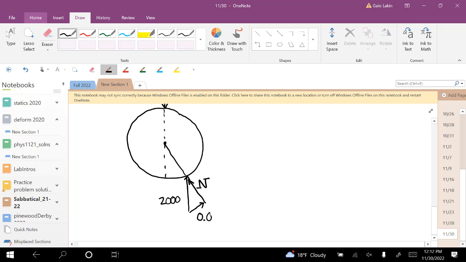So this is 0.05 N. That's theta and that's theta. So we can use that triangle that I've drawn outside of the free body to figure out what that angle is. And the reason we want to know that angle is we're trying to find this moment arm rho.